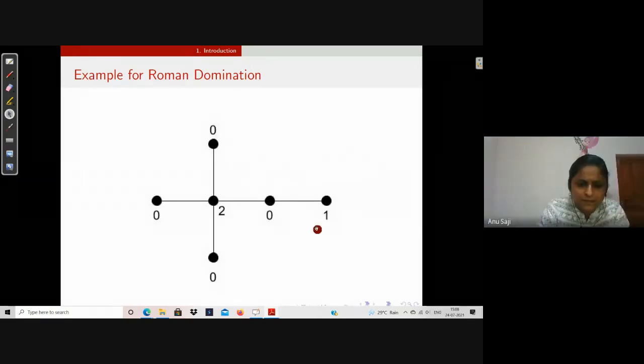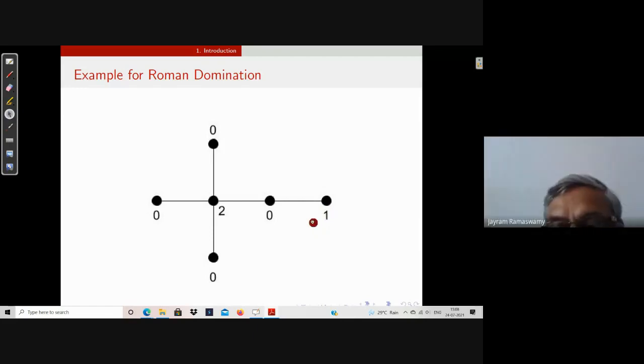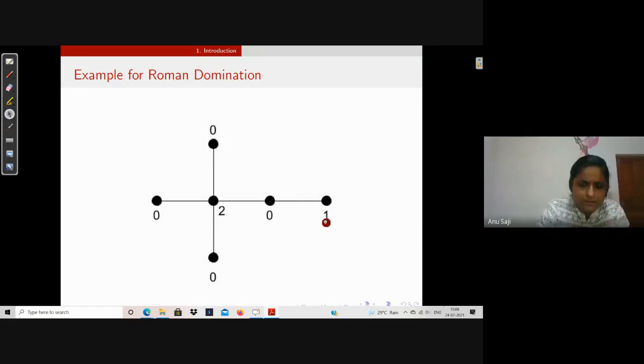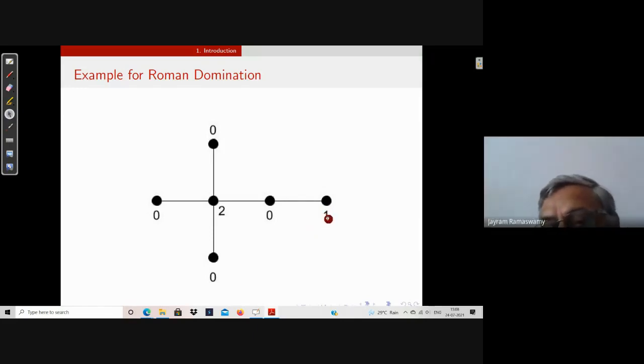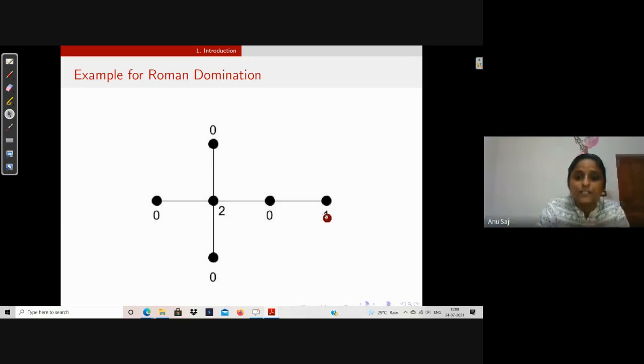In that place of 1, can we not put 2 or 0? If it is 0, then this 0 vertex is not adjacent to a vertex with value 2. So 0 is not possible. But if it is 2, the weight will increase. So 1 is used only to minimize the weight.